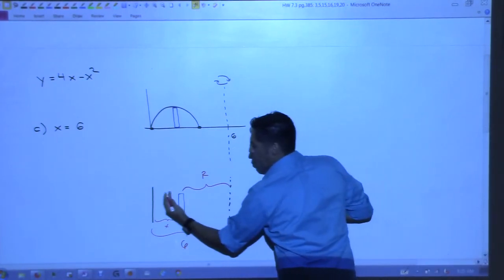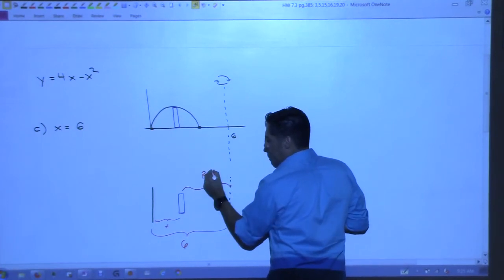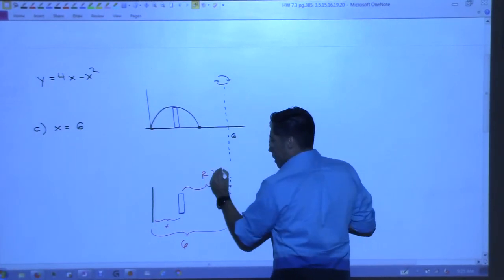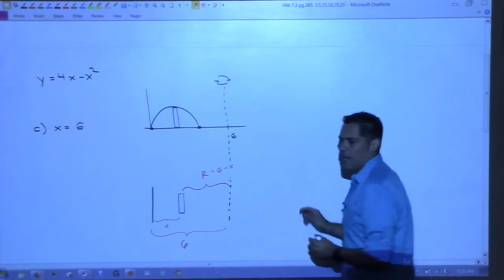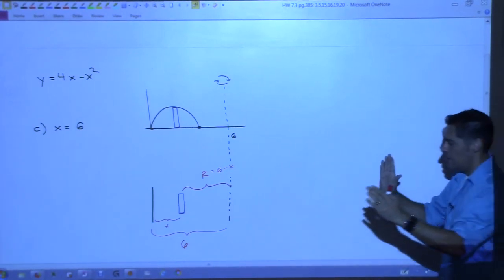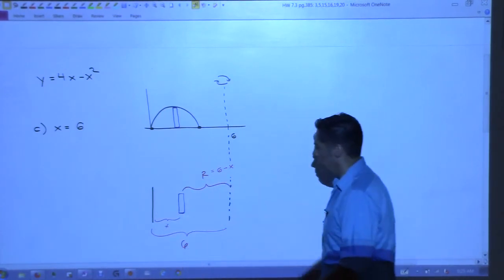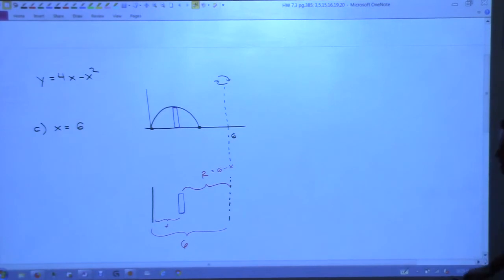So as this moves, the radius changes, and that will always be what? 6 minus x. So it can't be x minus 6. It has to be 6 minus x. It's the total distance, but then you take away whatever x is, and that will give you your radius.